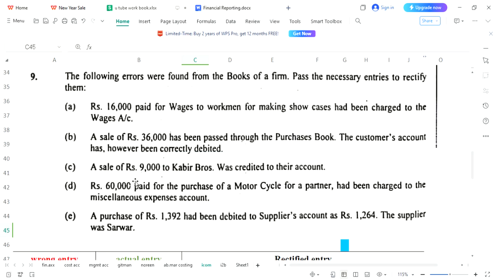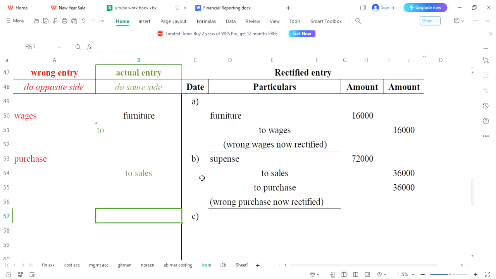A sale of rupees 9,000 to Kabir. Okay, first we will do its entry. Goods sold to Kabir. It means Kabir to sale. This was the correct entry which was required to be written. Kabir to sales. Okay, now we will see what mistake has been done.